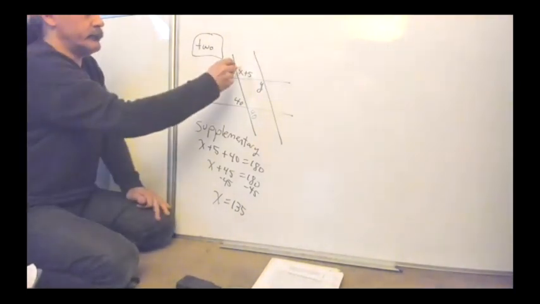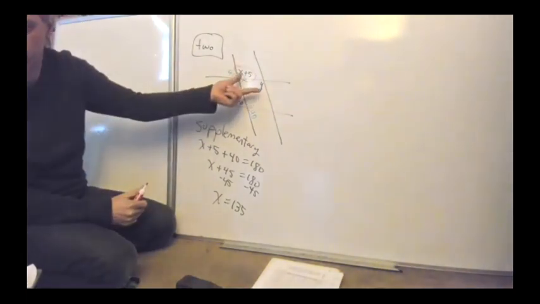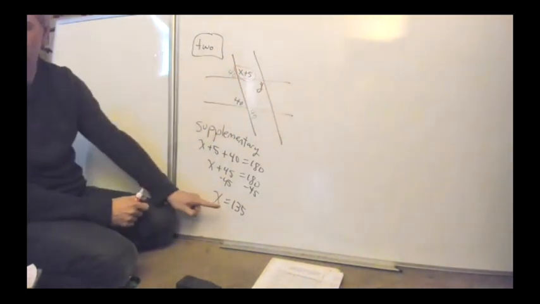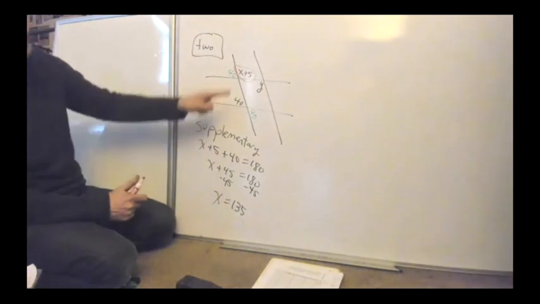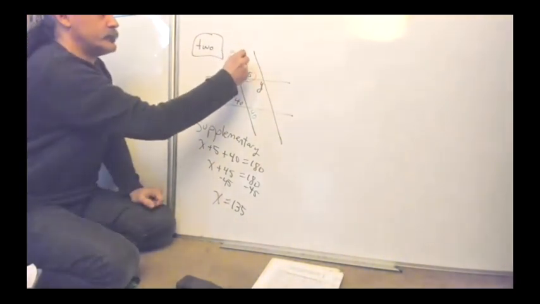Okay, so now we know the value of x. And now we're going to compare the x plus 5 to the angle y, since they're connected by the same left-right transversal. We know the x is 135, so x plus 5 is 135 plus 5, which is 140.